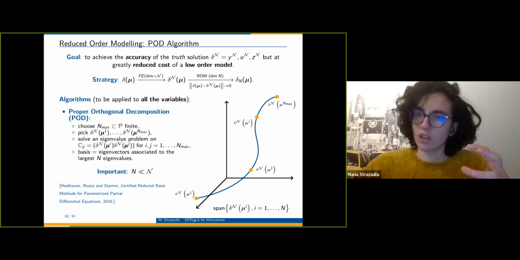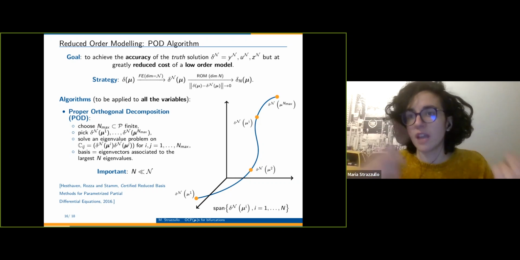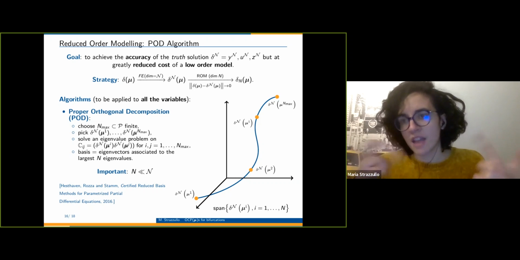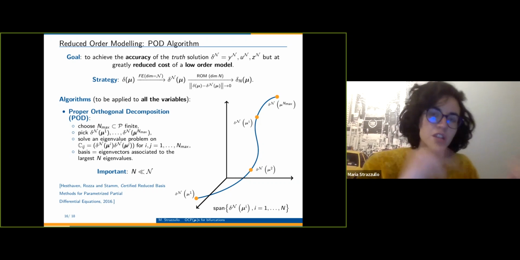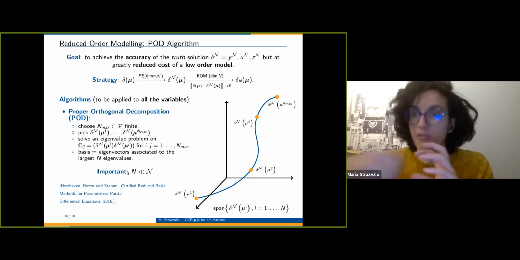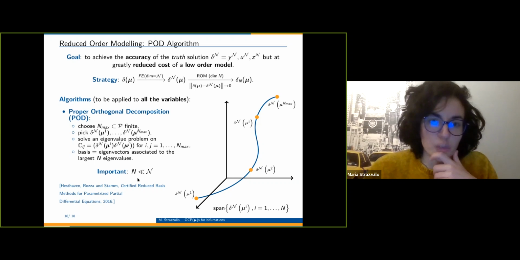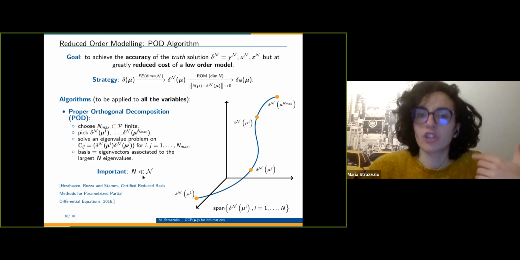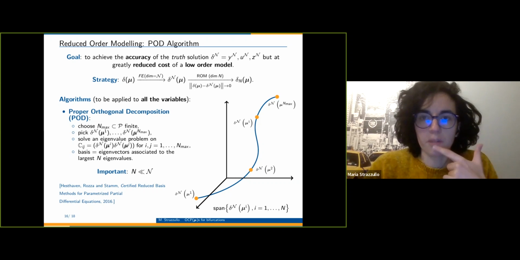Okay, so you pick a lot of finite element solutions, you build the covariance matrix, and you retain the n eigenvectors related to the n largest eigenvalues, and they basically are a very informative basis of the behavior of your solution, changing with respect to the parameter. The important thing is that basically capital N is much lower than calligraphic N, and so you gain a lot of computational time to solve the problem for several parameters.